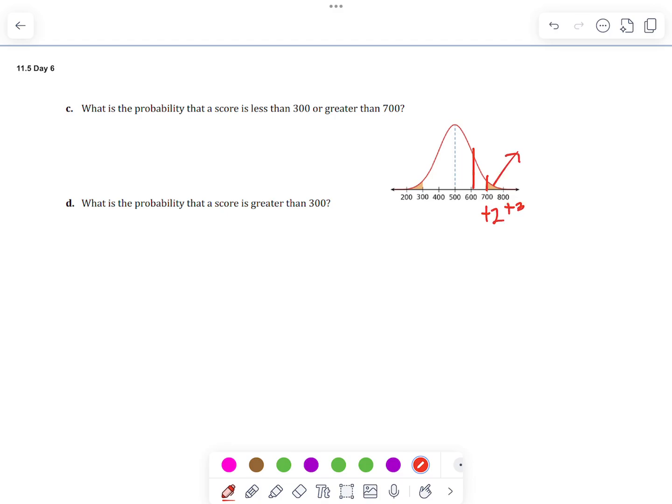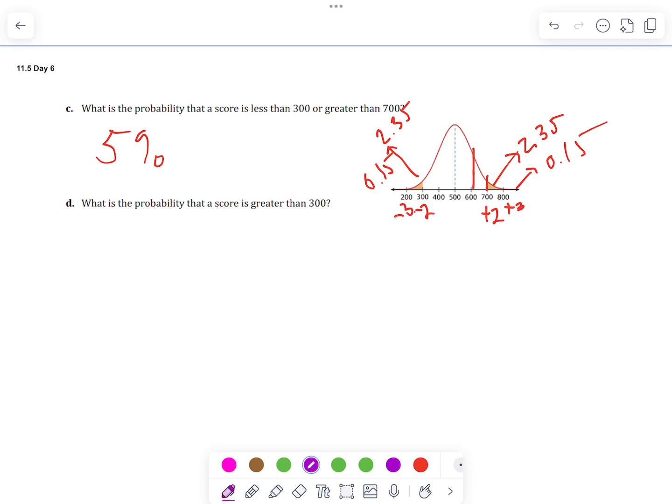So we have to add up 2.35% and then 0.15%. And then same thing on this side. This is minus 2 standard deviations, minus 3 standard deviations, so it's 2.35 and 0.15. So we add up those numbers and we get 5%.